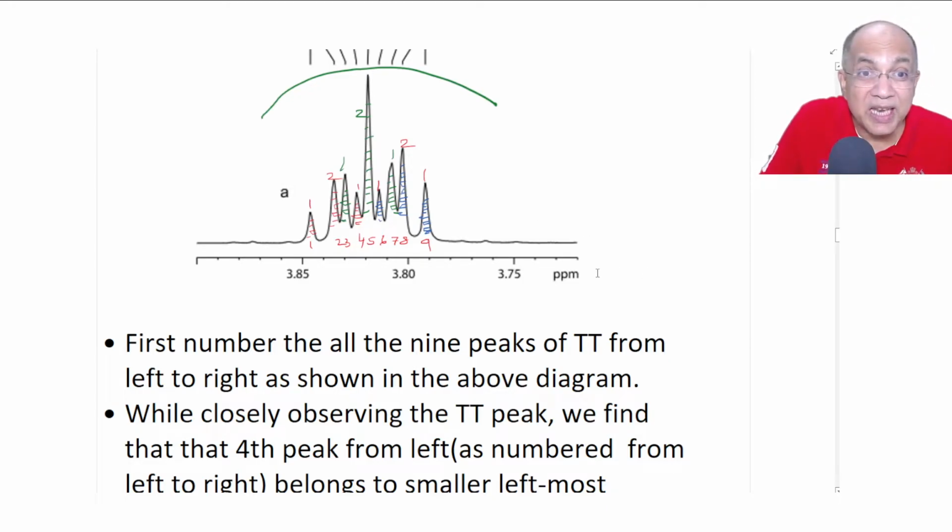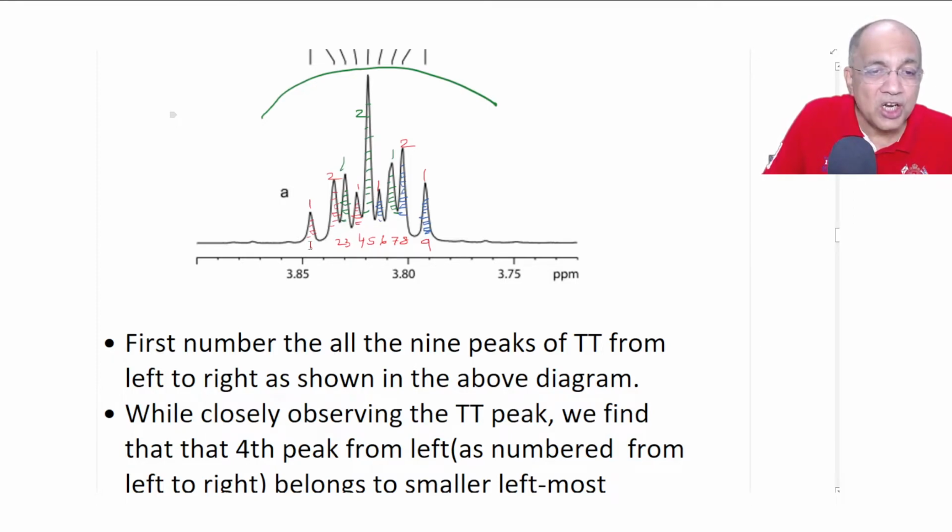But how to get the J big? J big, from this is the midpoint of the first triplet, and this is the midpoint of the second triplet. So from this to this, or if you go 1 plus left, then you can go 1 plus left. Right?